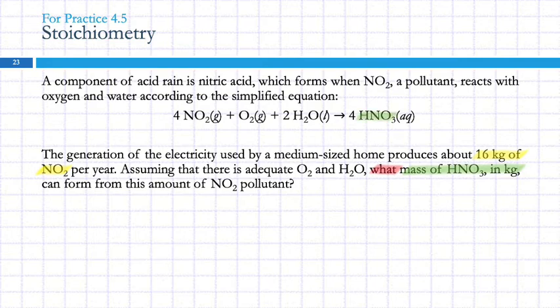So HNO3 is what I'm finding, and NO2 is what I'm starting with. So I have 16 kilograms of NO2, and I want to know how many kilograms of HNO3. Okay?